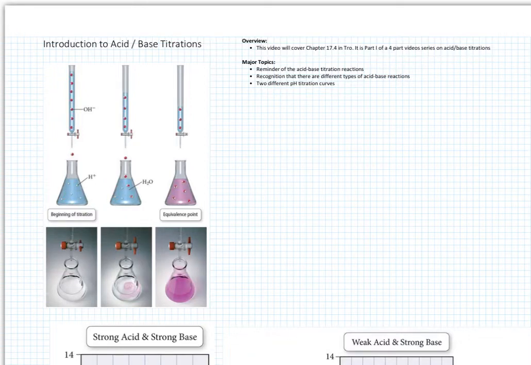So our generic reaction is H+ (aq) plus OH- (aq) yields H2O. That's the net ionic equation for a generic reaction. We did this last semester. You've talked about this a whole bunch of times.